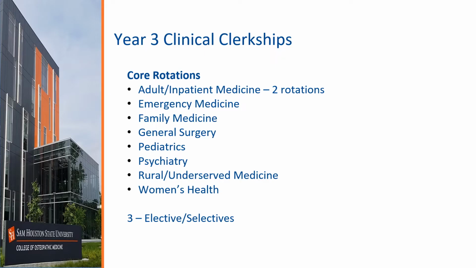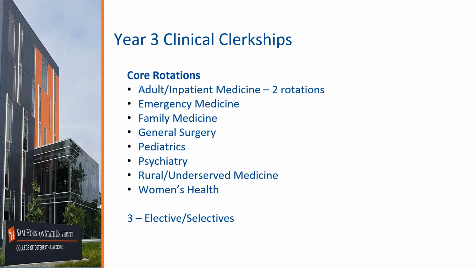During year 3, our student doctors are required to complete 9 core rotations. Each core rotation is 4 weeks long. They're required to complete at least 2 rotations in adult inpatient medicine and at least 1 rotation in emergency medicine, family medicine, general surgery, pediatrics, psychiatry, rural and underserved medicine, and women's health.